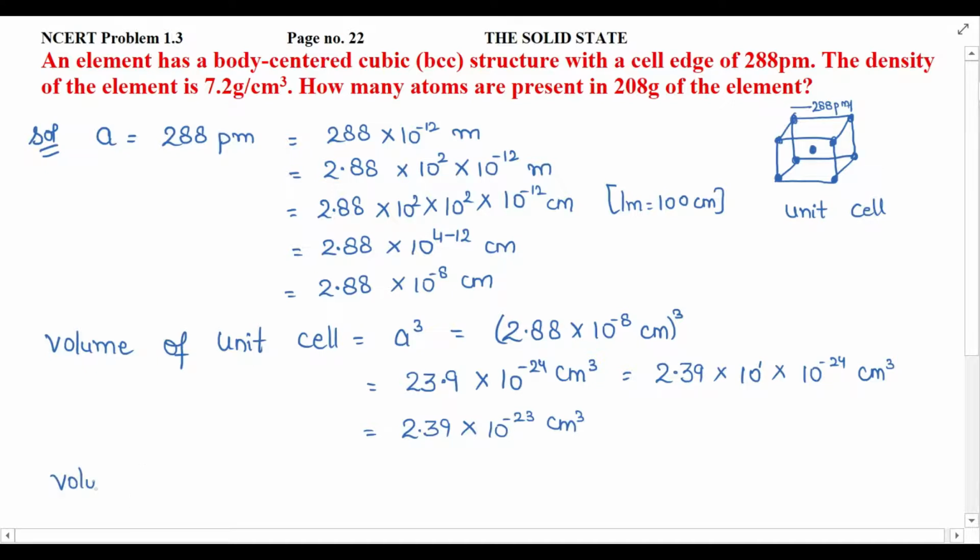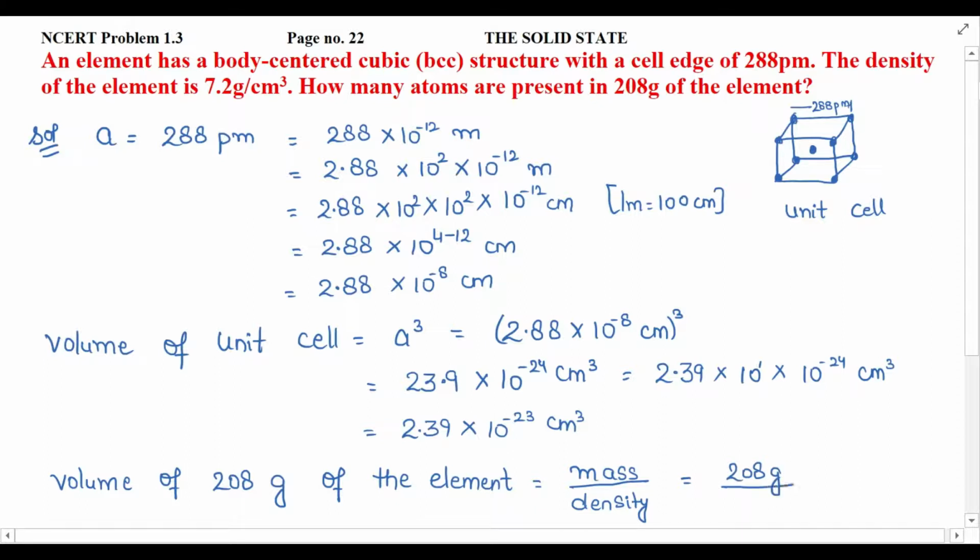So the volume of 208 gram of the element is equal to, now we know a formula that volume equals mass upon density, right? We have mass, that is 208 gram, divided by density, that is 7.9 gram per centimeter cube.